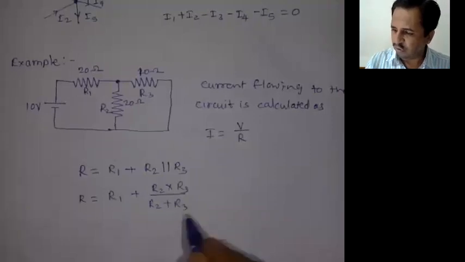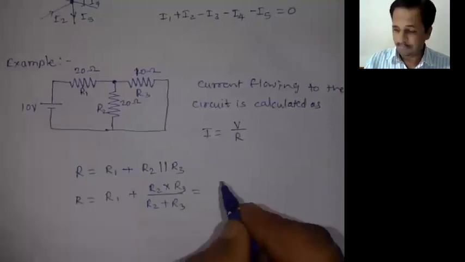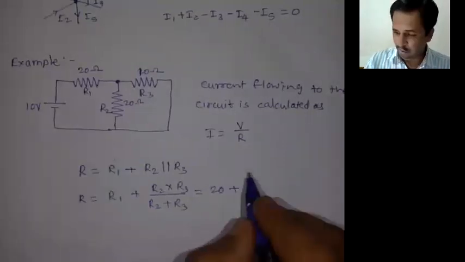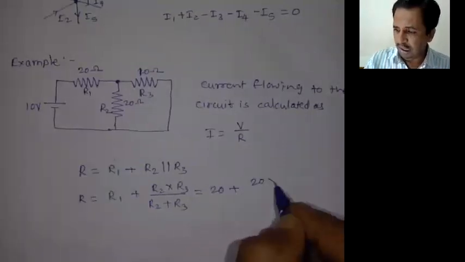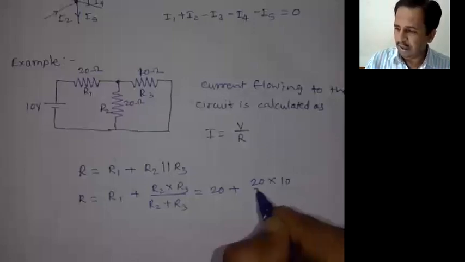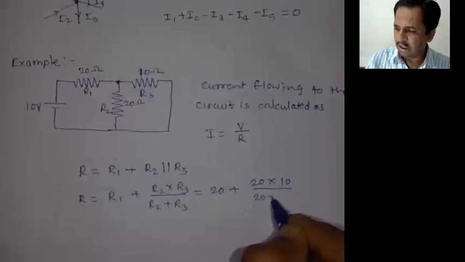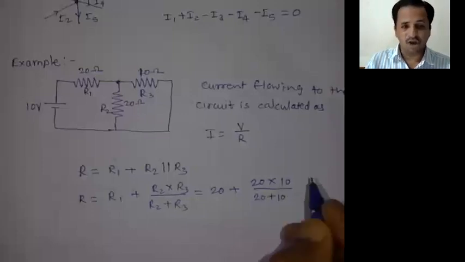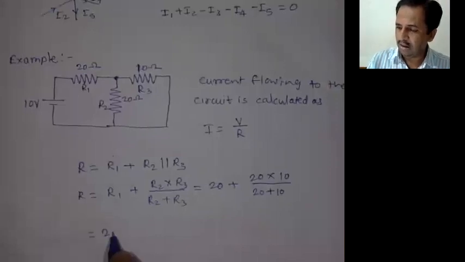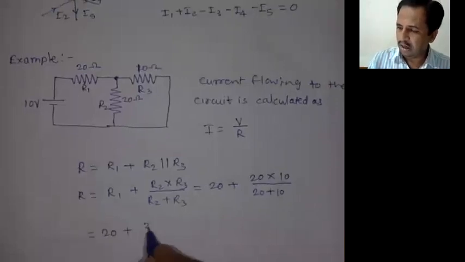Now putting in the values, we calculate it: 20 plus, here the R2 value is 20 ohm and the R3 value is 10 ohm, divided by 20 plus 10, which becomes 30. Now we again simplify it: 20 plus 200 divided by 30.